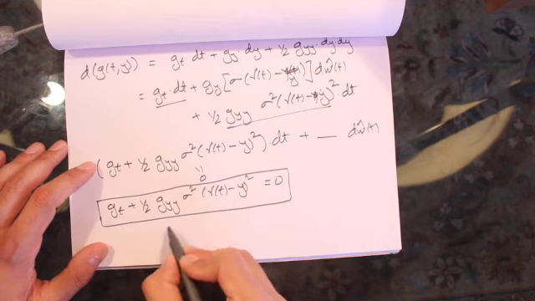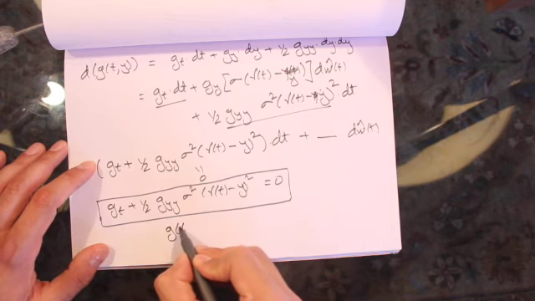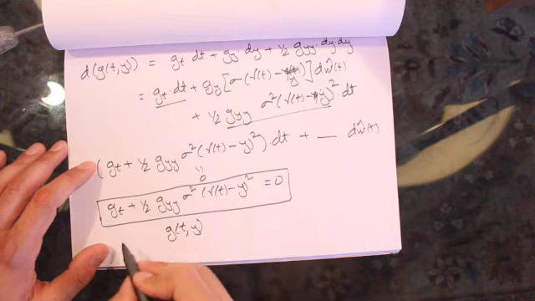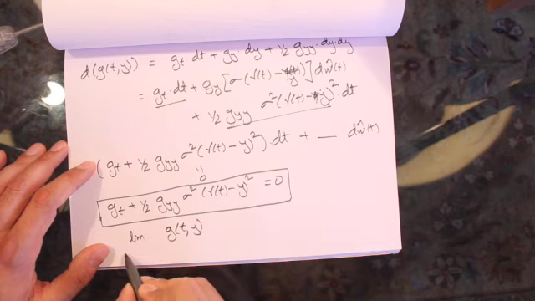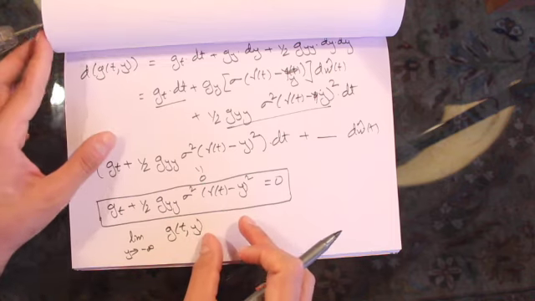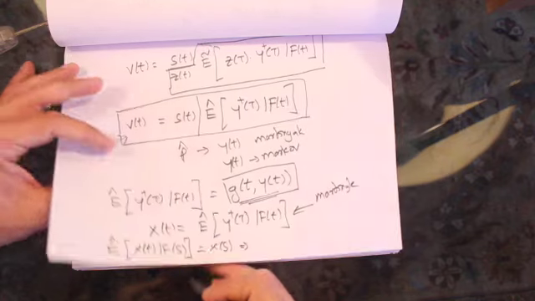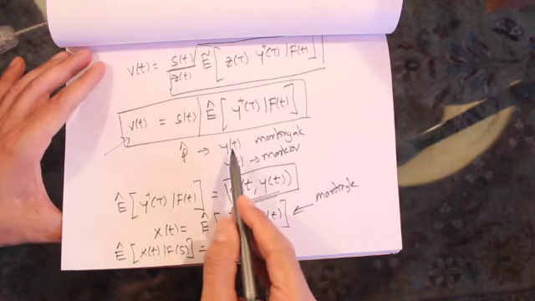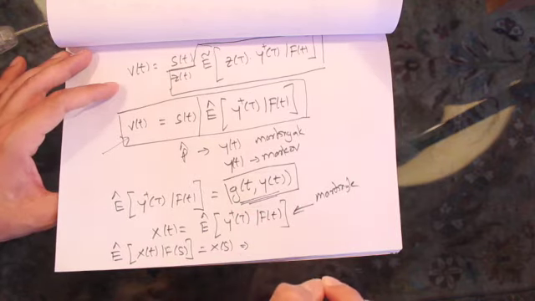Boundary conditions: g of t comma y, limit as y goes to minus infinity. If y goes to minus infinity, that basically means that y of t goes to minus infinity.